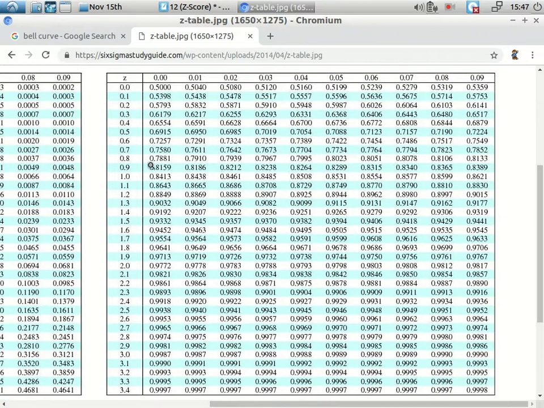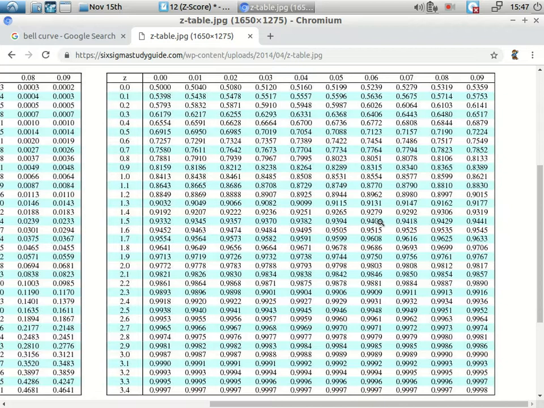The way I do that, I start with the first 2 digits, 1.5. So I go down here, here's positive 1.5, and then the hundredths place is up along here. So here's the 0.06. I go 1.5, and across, 0.06 is right here.